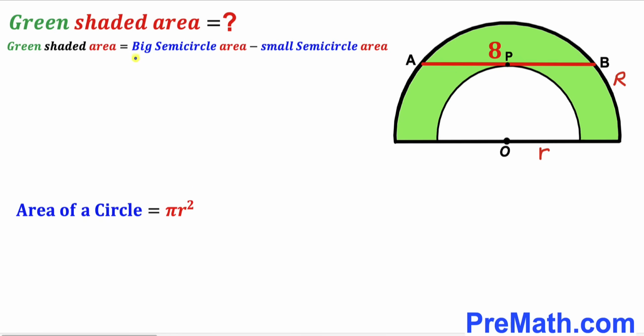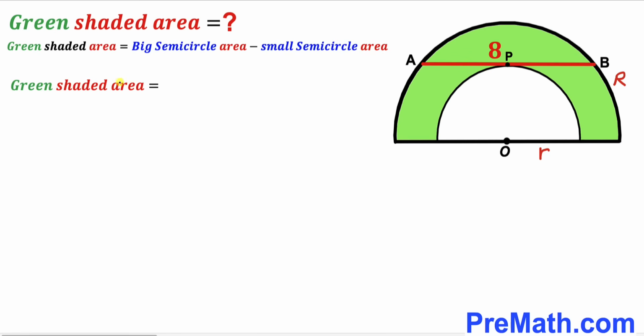Now let's focus on this big semicircle whose radius is uppercase R. Therefore its area is simply pi times uppercase R square divided by 2. And for this smaller semicircle whose radius is lowercase r, its area is simply pi times lowercase r square divided by 2.